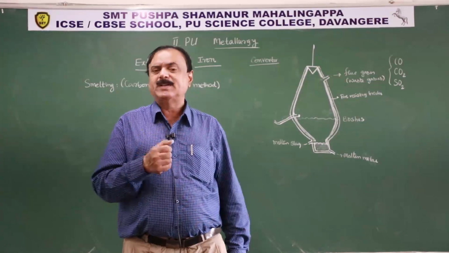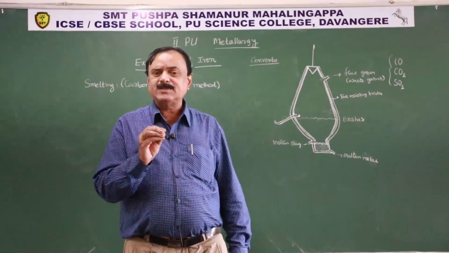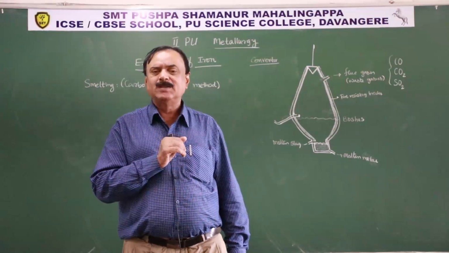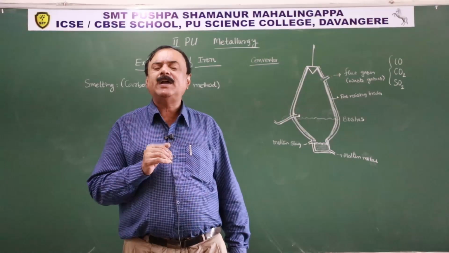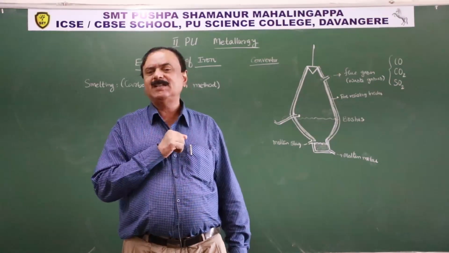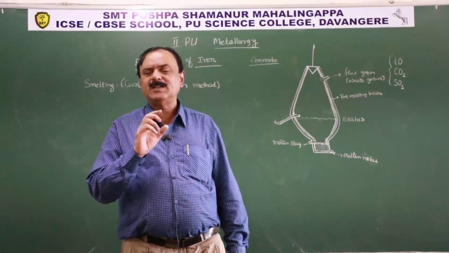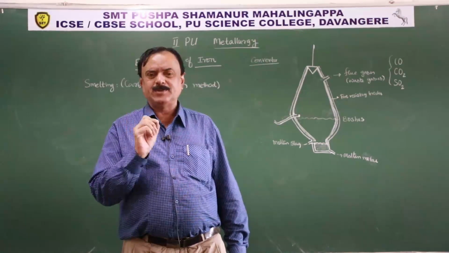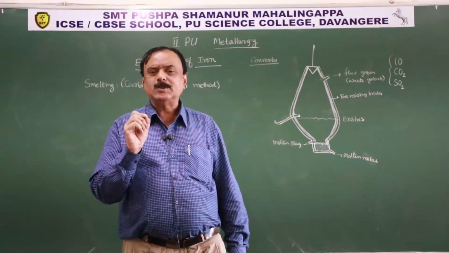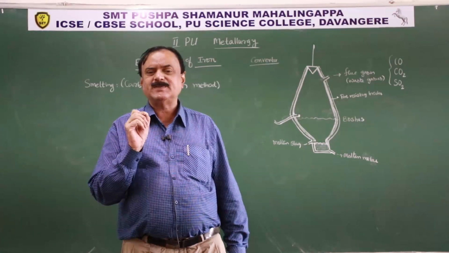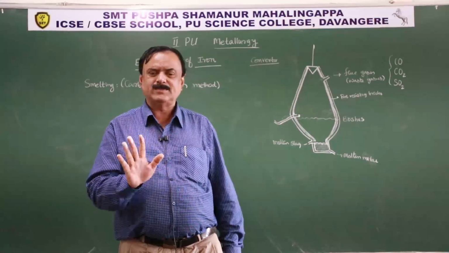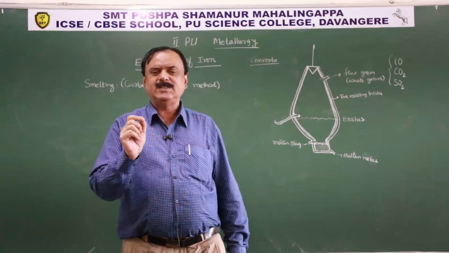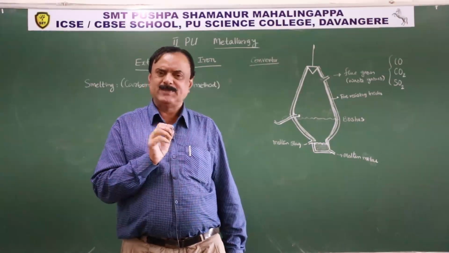Just above the furnace, we are using water cooled pipes, circulating cold water continuously, because whenever the high temperature is retained inside the furnace, there is a loss of heat due to radiation. In order to avoid the loss of heat due to radiation, we circulate cold water around the surface of the furnace. That is the objective of passing cold water and the importance of the fire resisting bricks. Is it clear?